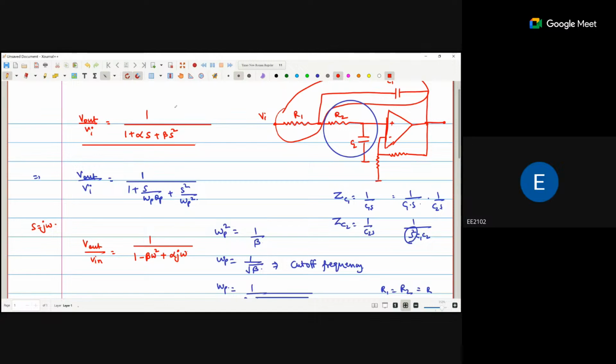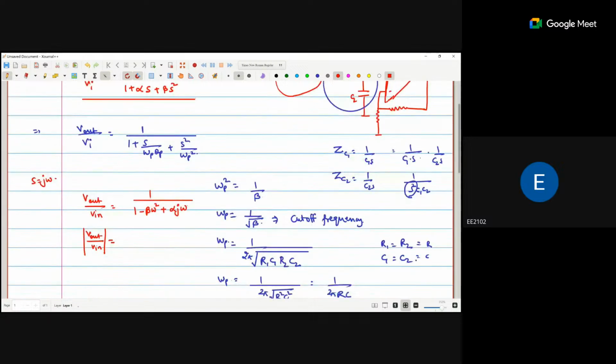And what is the magnitude of this one? Vout upon Vin, if I take the mode of this, the mode of the numerator and the mode of the denominator. The mode of the numerator is 1. What is the mode of the denominator? Root of (1 minus beta omega square) whole square plus (alpha omega) whole square.